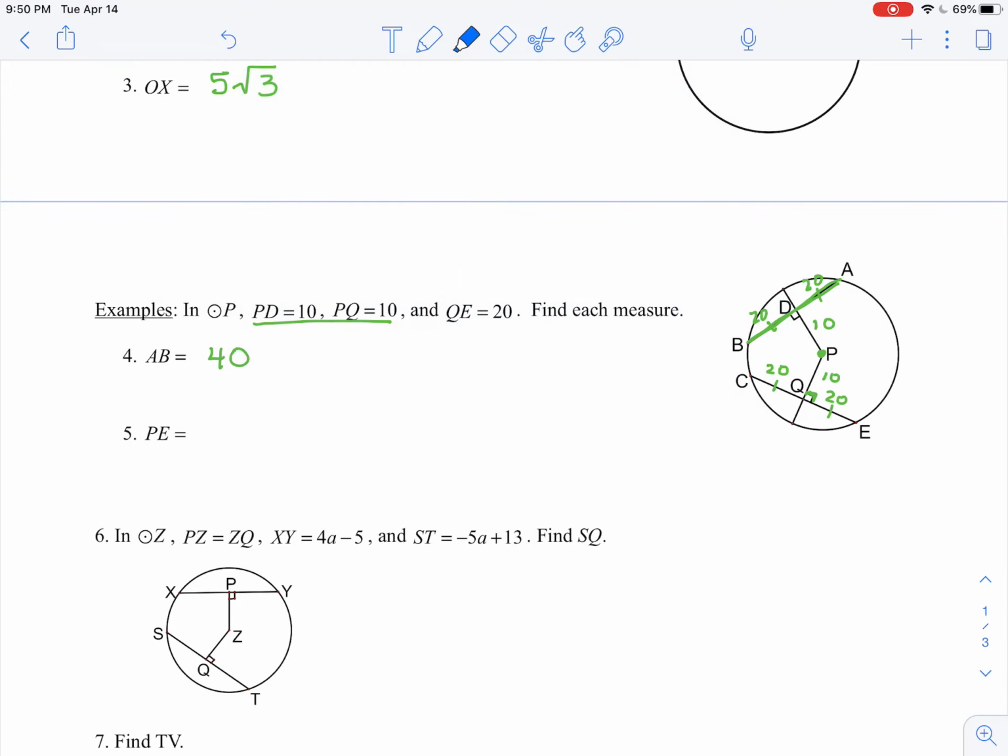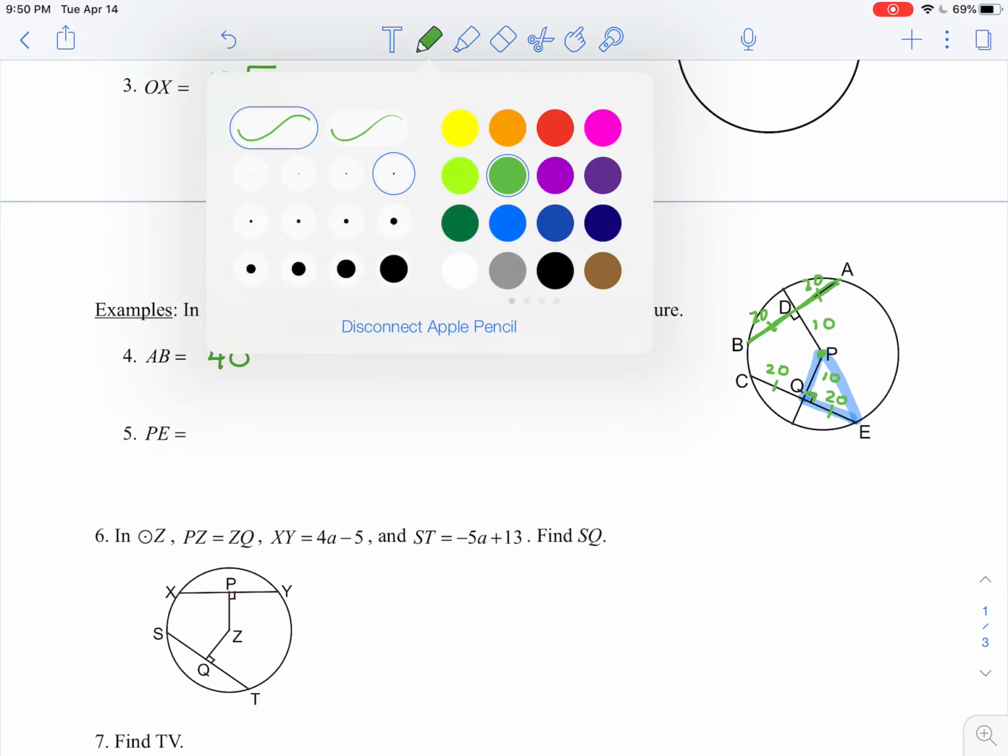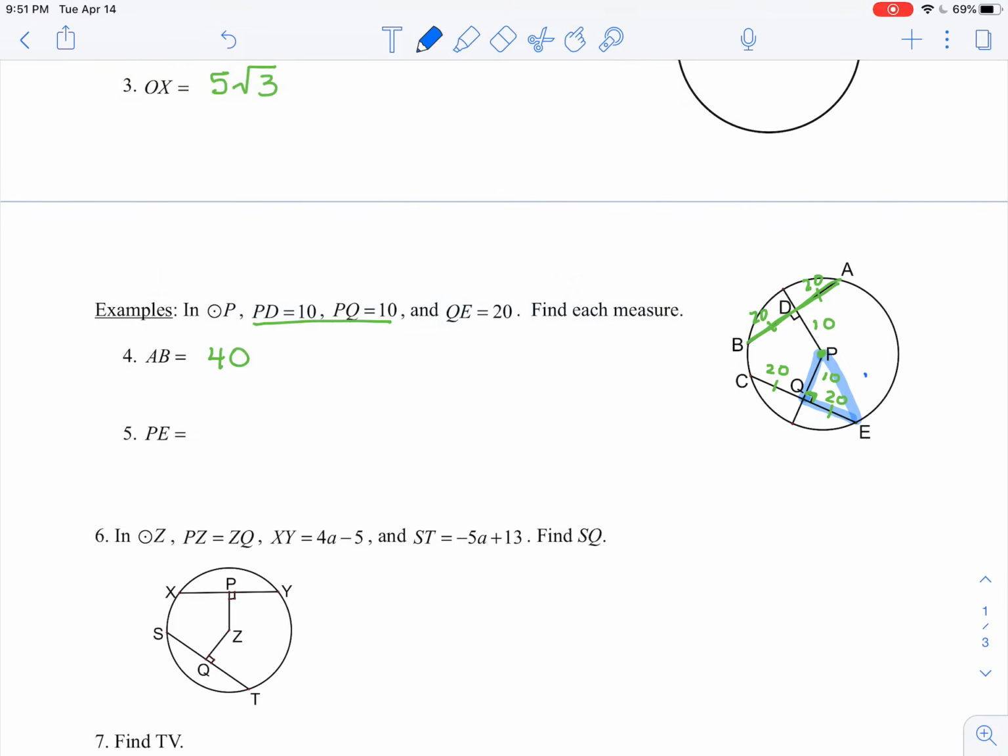Then find the length of PE. PE is not drawn, but PE is a radius of the circle. Again, if we use the same trick as the last question, if I draw in that radius, I can use Pythagorean theorem to solve for its length. So now I have a right triangle. The legs are 10 units and 20 units, and I'm solving for the hypotenuse.